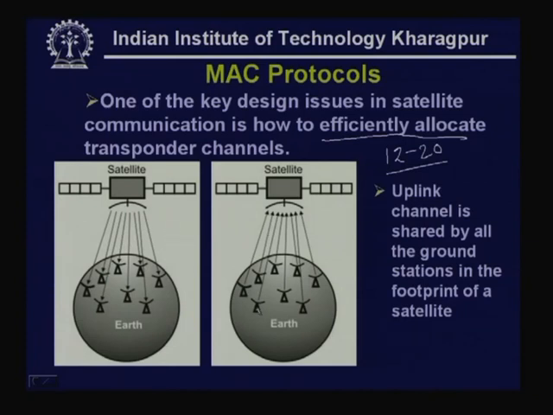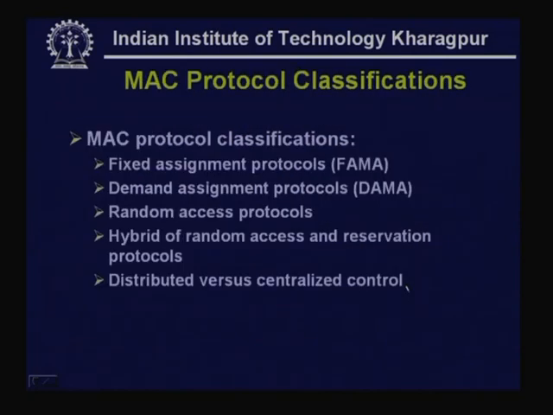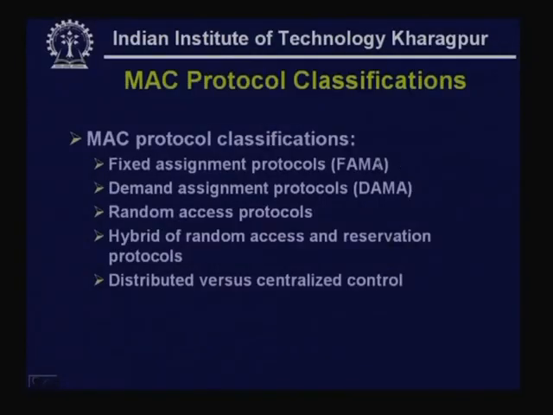However, by using the same uplink frequency band, the ground stations are simultaneously communicating to the satellite, and as a consequence this uplink channel is shared by all the earth stations that are communicating with the satellite, and that requires medium access control.